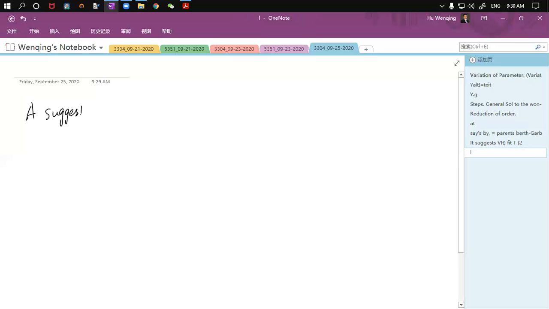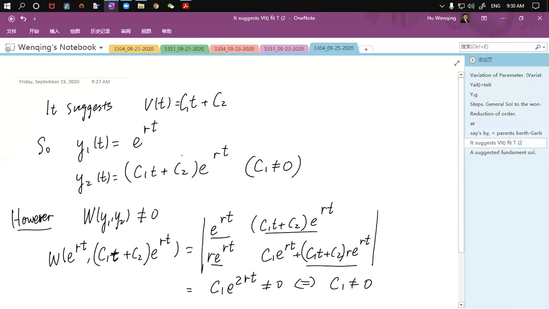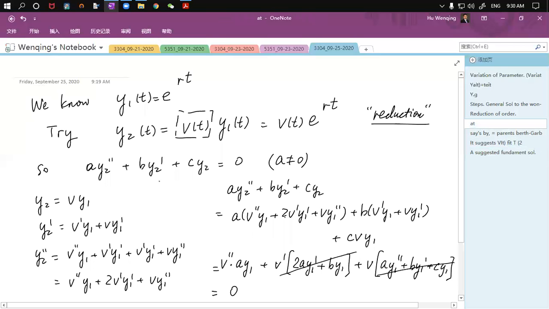Why do I suggest a fundamental solution? Because you only have to pick c1 and c2 such that y1 and y2 work. Remember, you only have to find two solutions to the homogeneous problem. We always say that you have to be lucky twice, right?